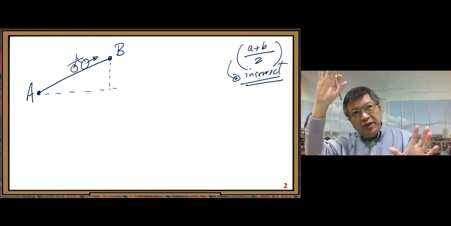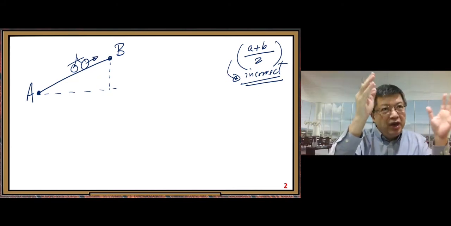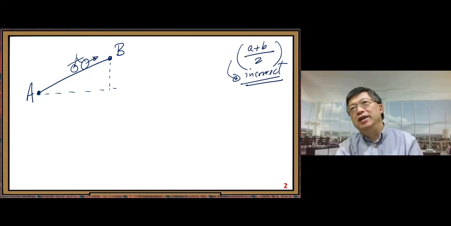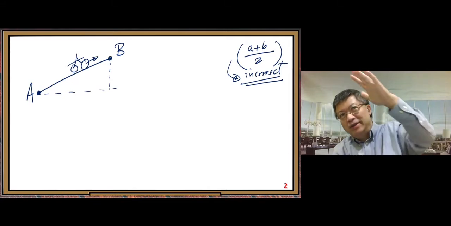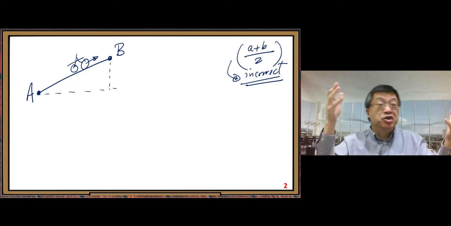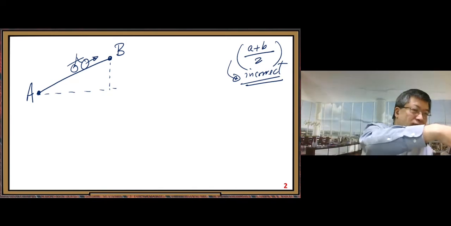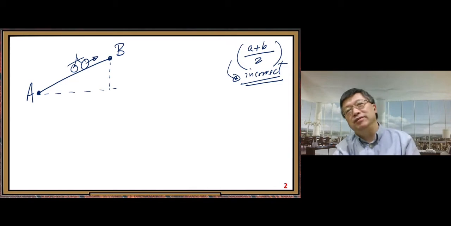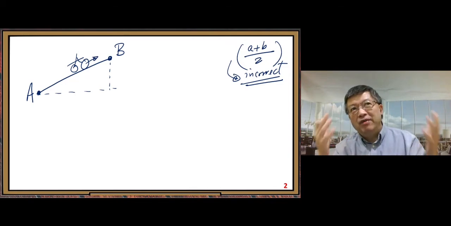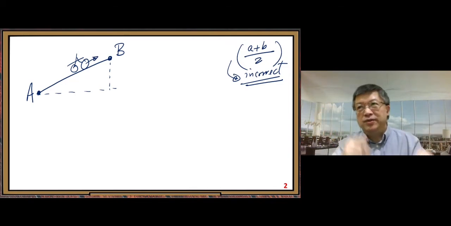Then from A to B and from B to A, the speed should be different. When you ride upward, it is slower; downward, faster. That's our everyday life experience.